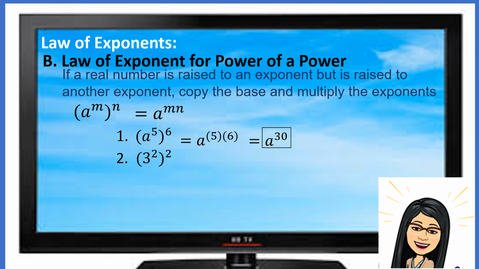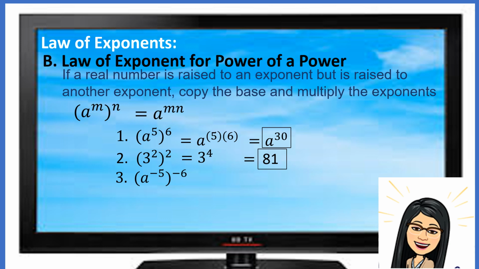So 3 is raised to 2 times 2, which is 3 raised to 4. And multiplying 3 four times, it is 3 times 3 equals 9, times 3 is 27, times 3 is 81. So 81 is the simplest form. As much as possible, all numbers raised to an exponent must be simplified.